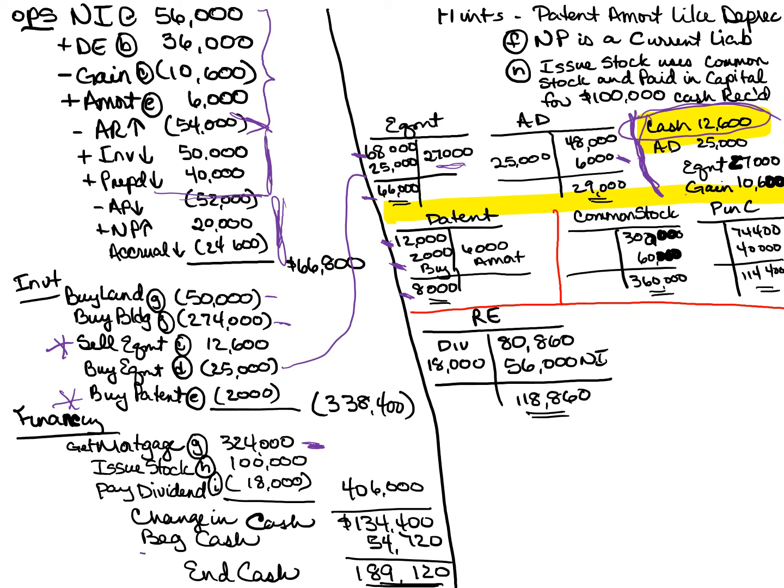But I also know that on the income statement that I amortized a patent for 6. And so now I'm able to tie out the patent account for the purchase of a patent and for the amortization expense that I took on it. Notice that patent doesn't have an accumulated amortization account. You just reduce this intangible by the amount that it's being amortized by.